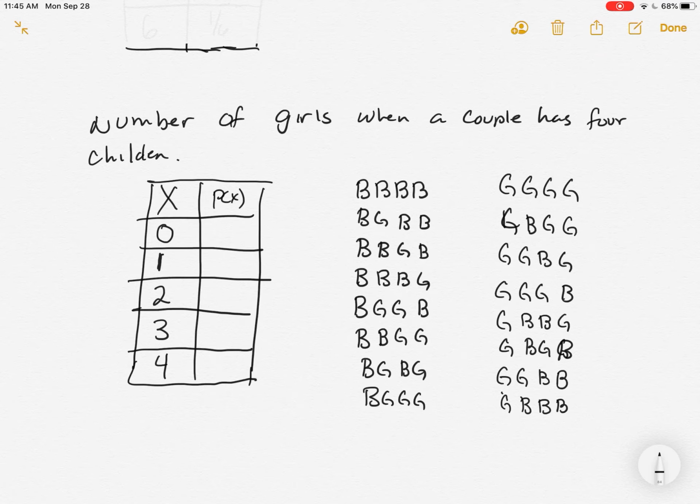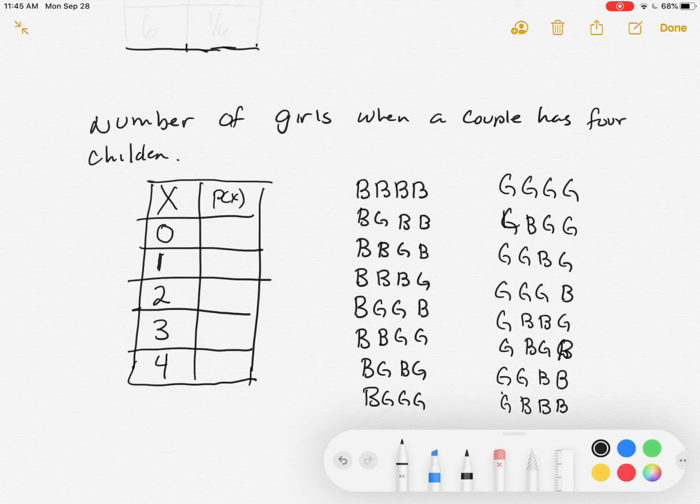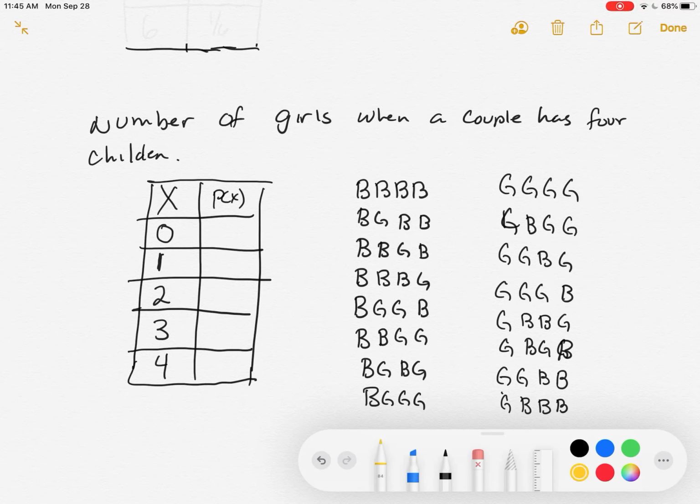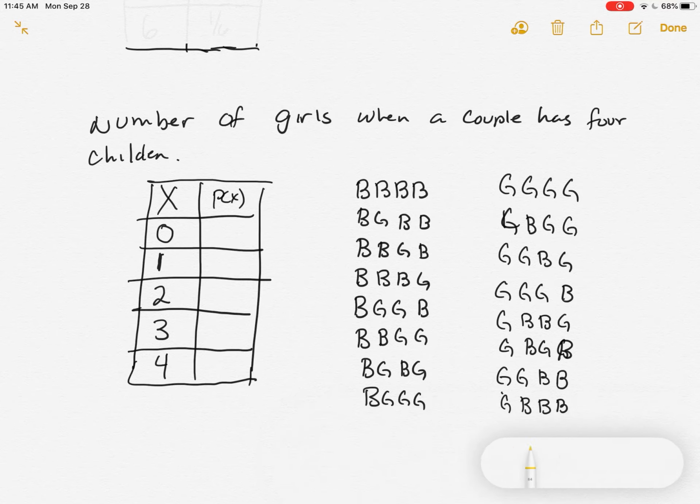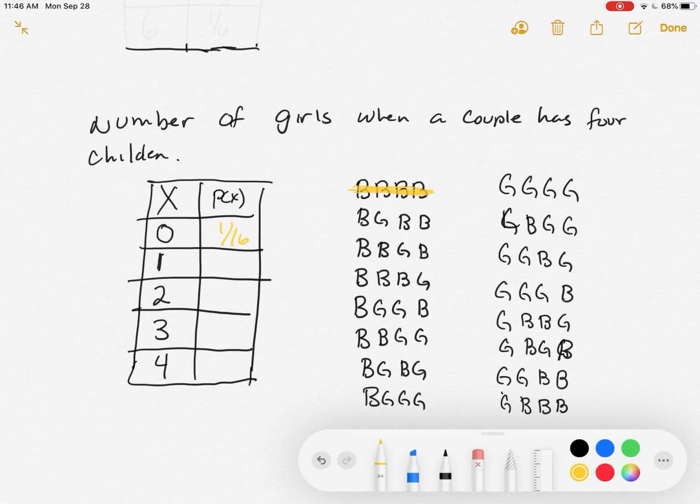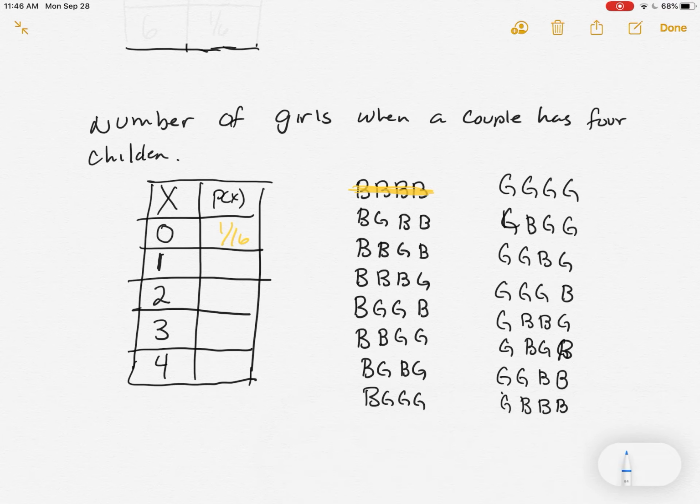You have 16 options. How many of them have no girls? Let's go figure out how many have no girls. This one right here. Actually, I'll highlight it in yellow. Only 1 out of 16 had no girls. Let's go to a different color, blue. 1 girl.